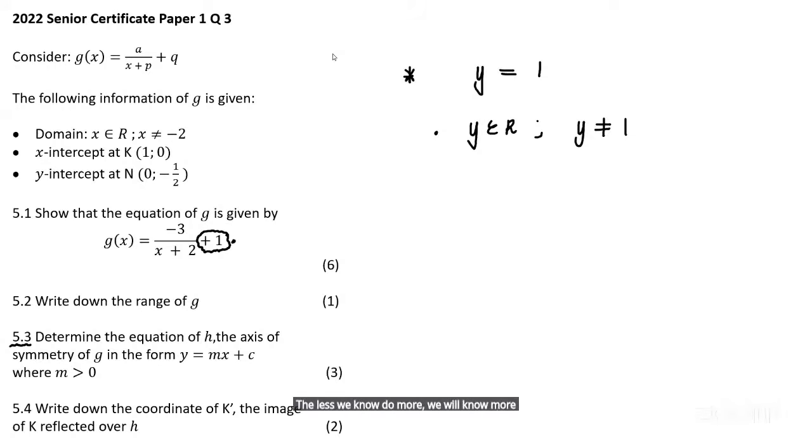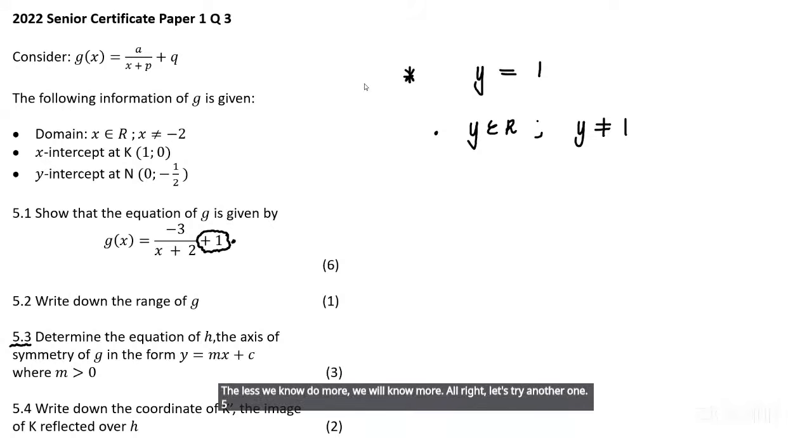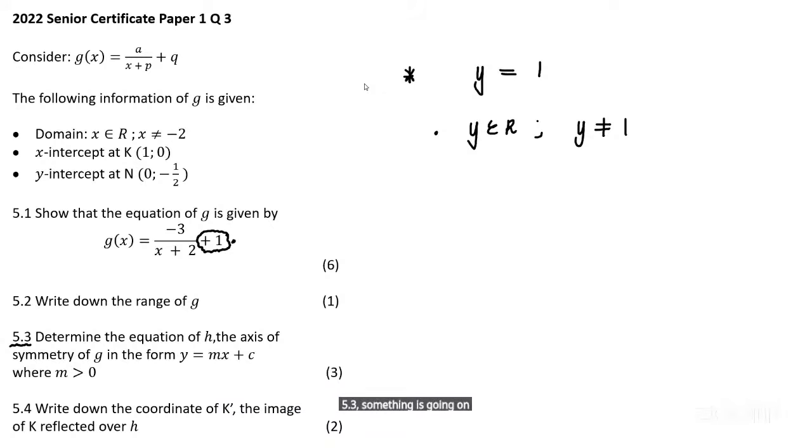All right, let's try another one. 5.3, something's happening. The more we do, the more we know. 5.3, something big is happening on 5.3.